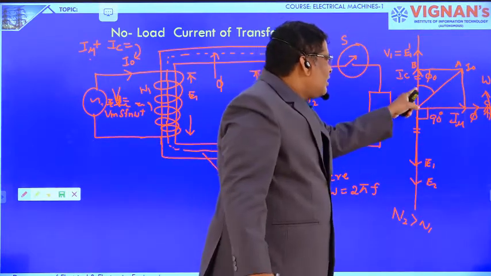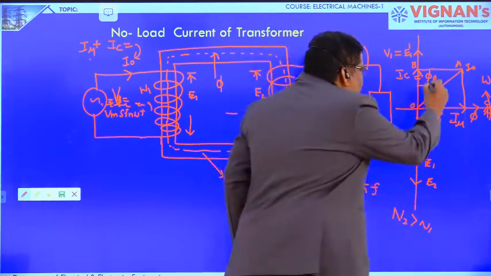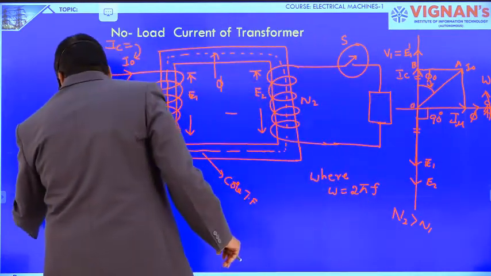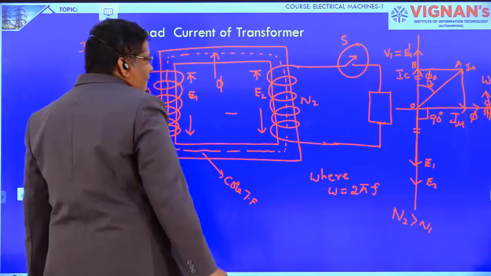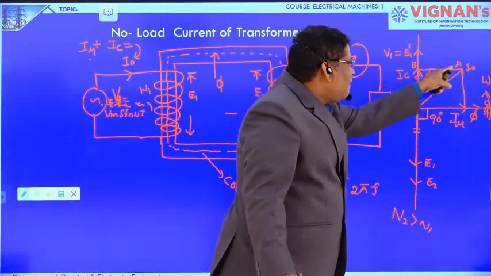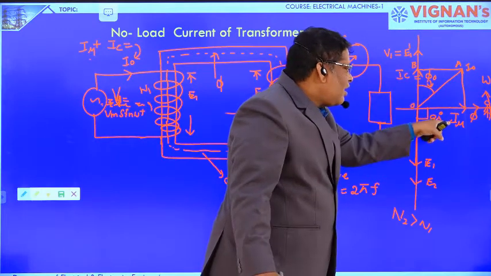In this triangle, this angle is nothing but phi naught. Now here, in this triangle, we are finding AB. AB is nothing but the magnetizing current.